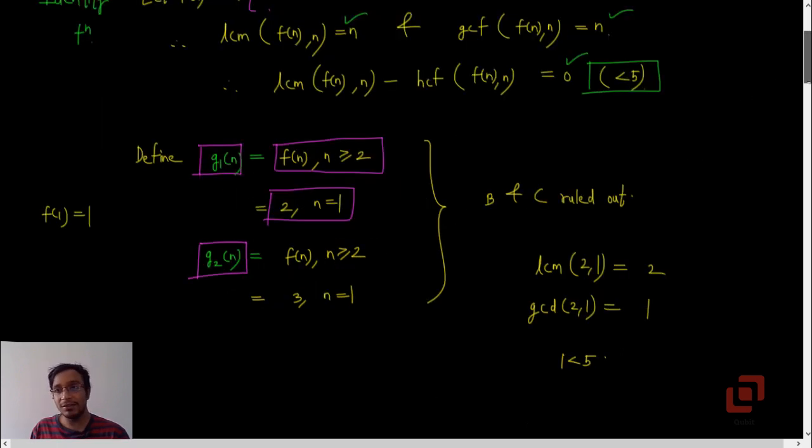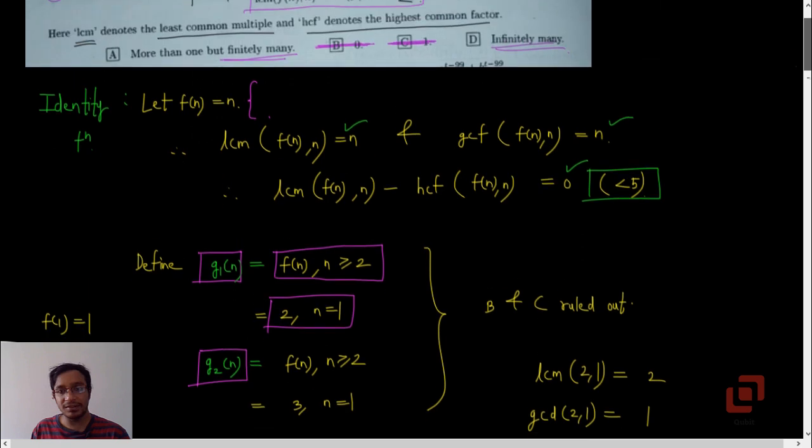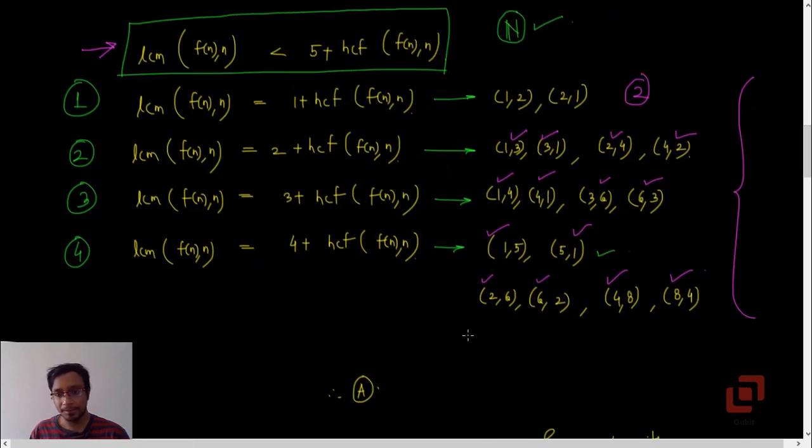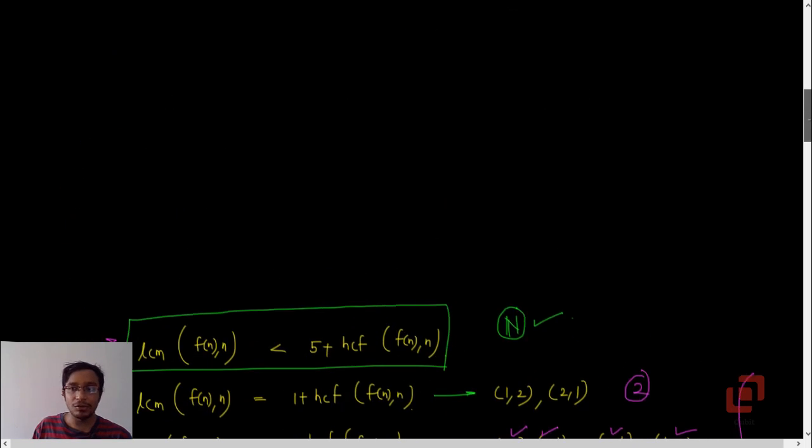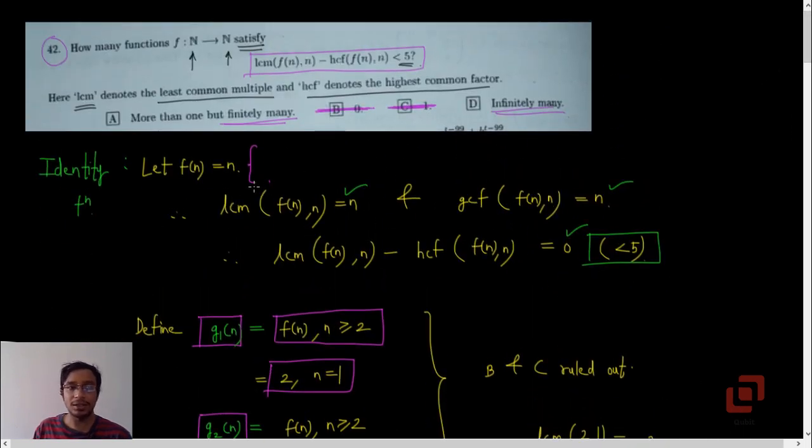Because these ordered pairs are finite in number, it forces us to discard the option infinitely many, and hence we can say that there are more than one, in fact more than two functions, but definitely finitely many functions and not infinitely many functions. So that is question 42.